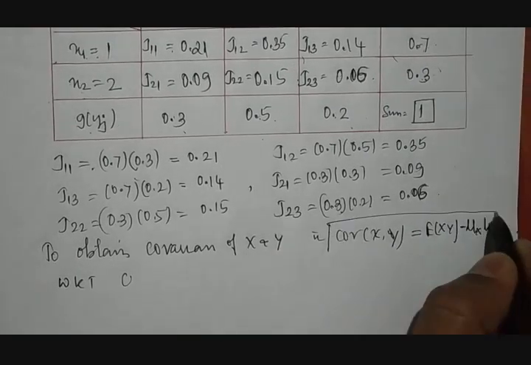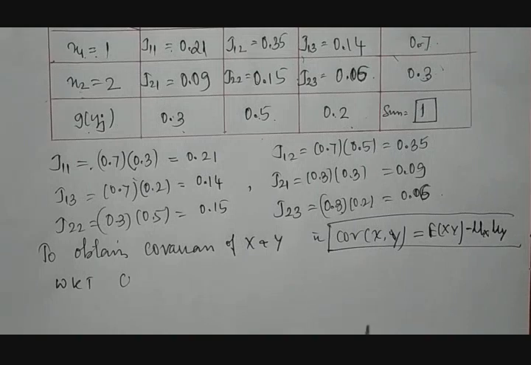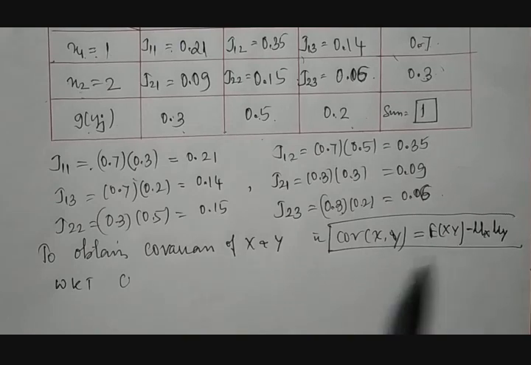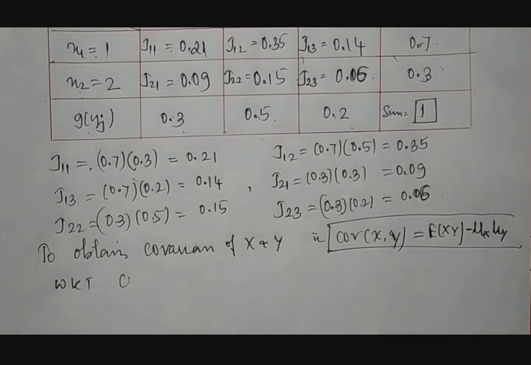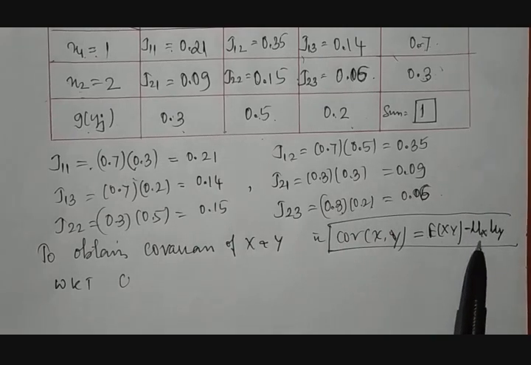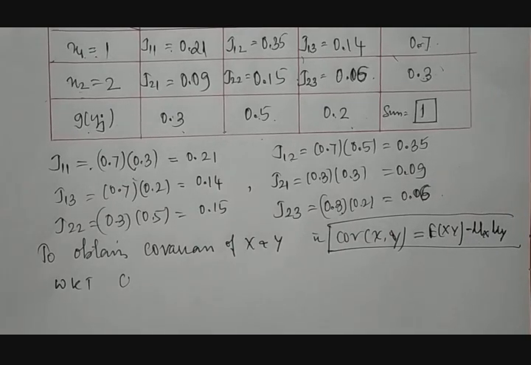So this is the formula. What are the things to be gathered for this? We need to get expectation of x into y. When is expectation of x into y possible? When we have expectation of x and expectation of y. Similarly, we need mu x and mu y. They are nothing but the means.